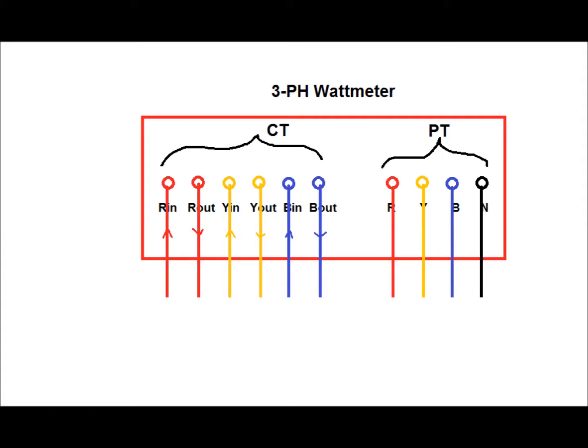The phase sequence for voltage input should be correct as in the system, that is red, yellow and blue, and the CT inputs should have correct polarity, that is, current should enter at the input terminal and go out at the output terminal for the red, yellow and blue phases respectively. Otherwise the polarity for the CT will be reversed and there will be an error in the measurement of power.